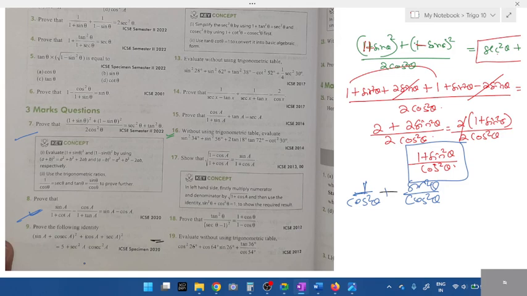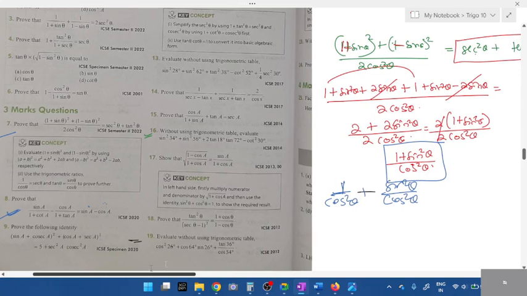1 plus cot is given. Right hand side, what do we have? We have sin and cos. So left hand side, convert cot, students. Cot and tan. Try the eighth one.